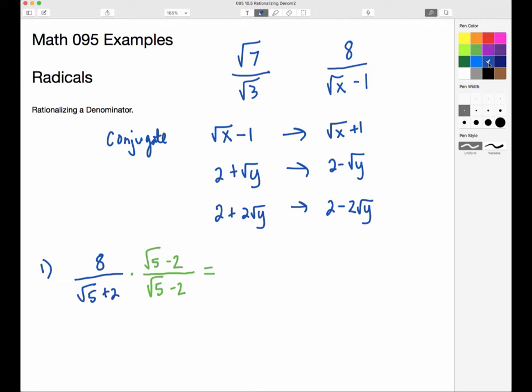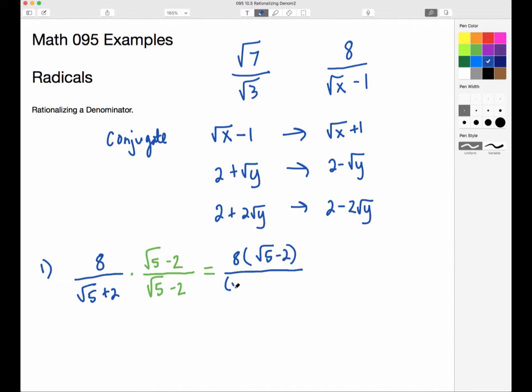So we'll go through and multiply. Be careful to use parentheses on your numerator so that you distribute the 8 correctly, because we don't want 8 square roots of 5 minus 2. We want 8 times the quantity square root of 5 minus 2. We'll come back in a little bit and clean that up.